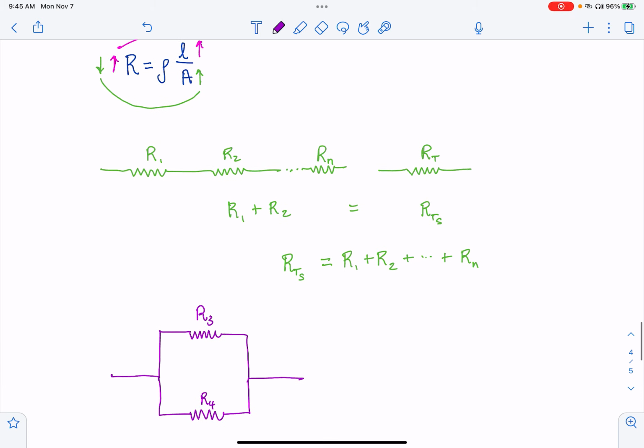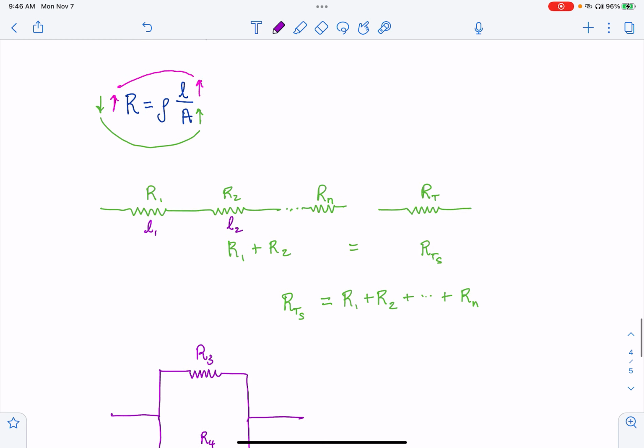Now, I want you to know that this R sub 1 has an L sub 1, and then we have an L sub 2. So the way I want you to think about this is, if you look at this equation right here, we're effectively increasing the length. Thus, this implies that the resistance is going to increase.